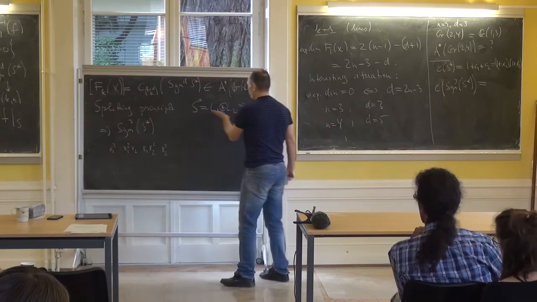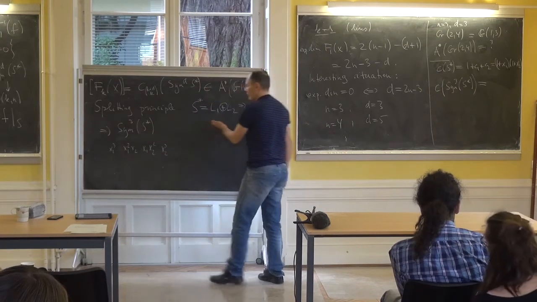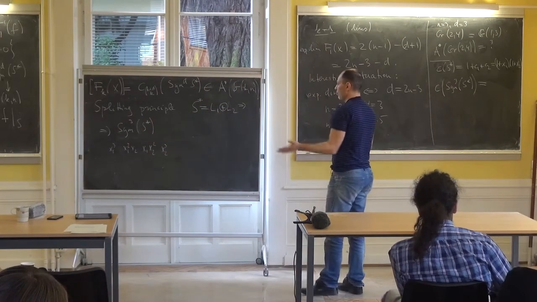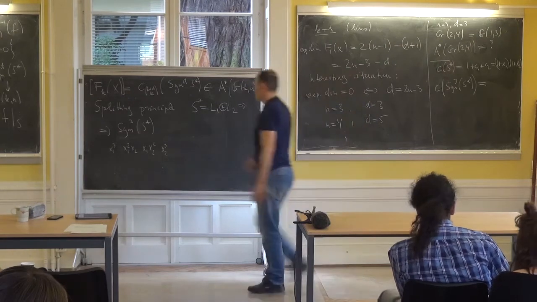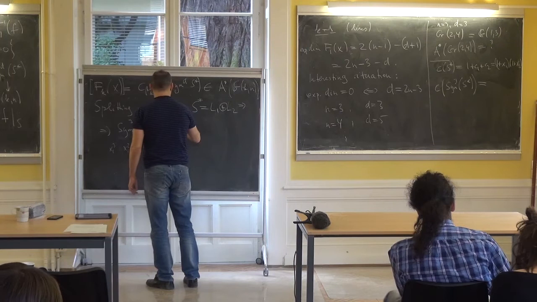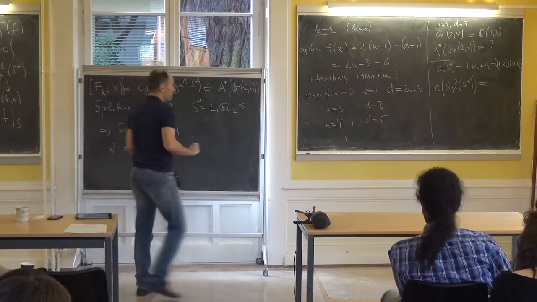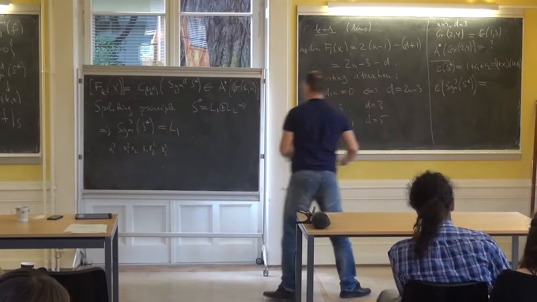So the idea is that if you split this bundle in 2, then this bundle will also split in 4. It's a 4-dimensional bundle, but with 4 line bundles that are easy to express. This is really a terrible thing that I did now, I apologize. But these x's have nothing to do with that.